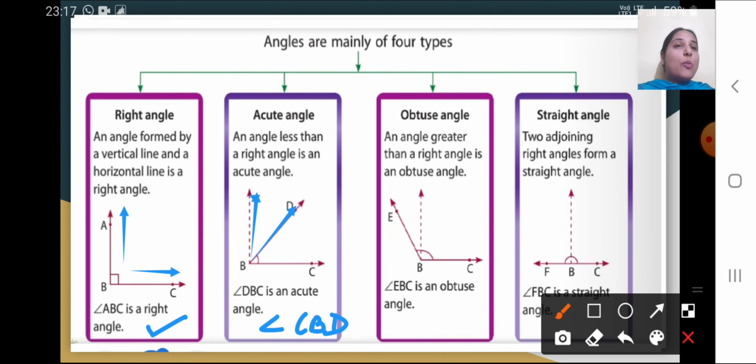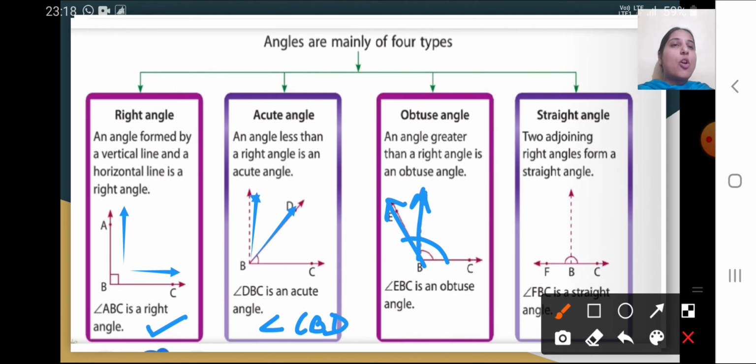Now obtuse angle. What is an obtuse angle? An angle greater than a right angle is an obtuse angle. Okay, you can see it is more than a right angle. This is the straight vertical line, so it is more than that.